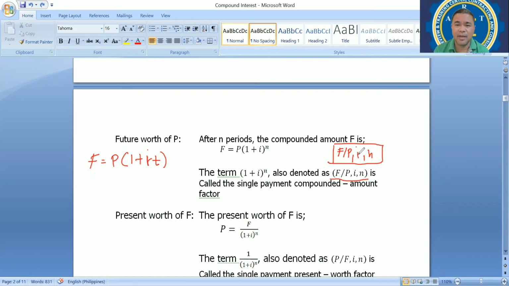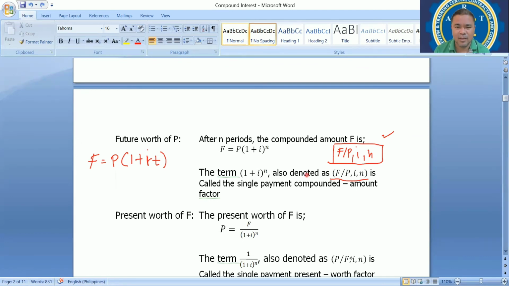The board exam is very critical. So be familiar with this factor, F over P, I, then N, which is called the single payment compounded amount factor.